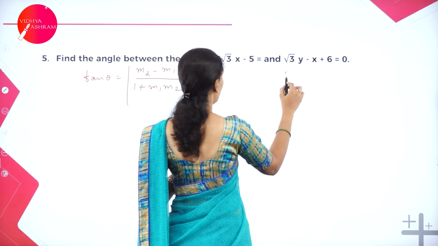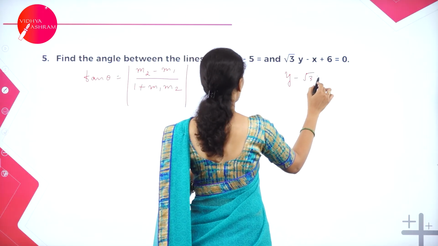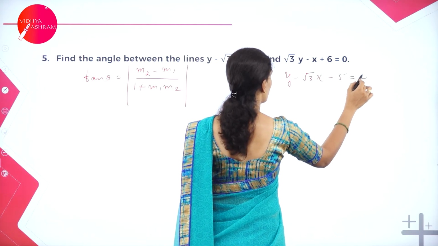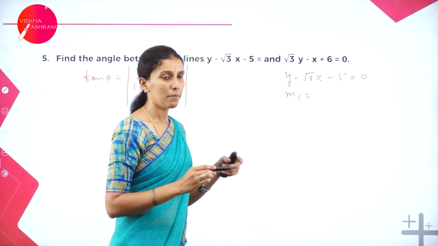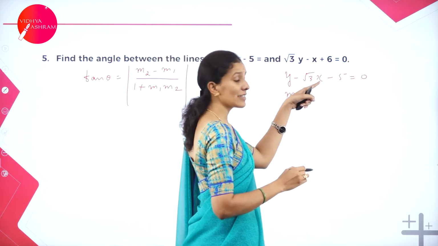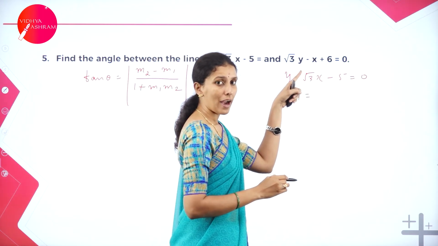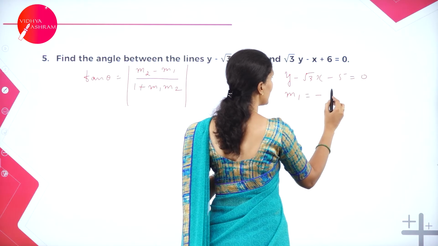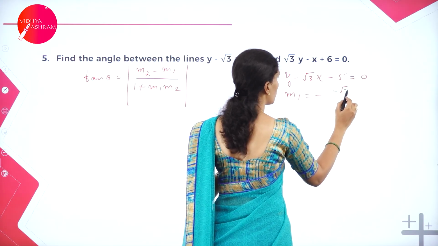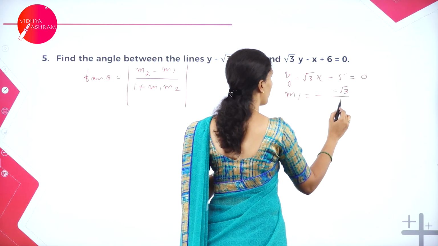So for that we have y minus root 3x minus 5 is equal to 0. So m1 is again minus a by b. Here a is the coefficient of x and b is the coefficient of y. So minus a is here minus root 3 and b is here 1.